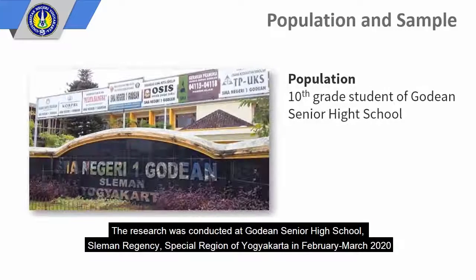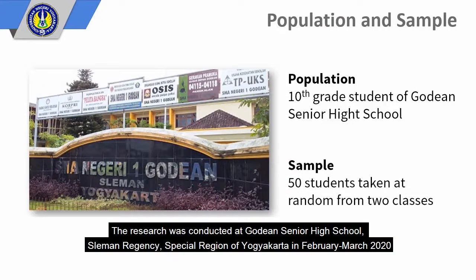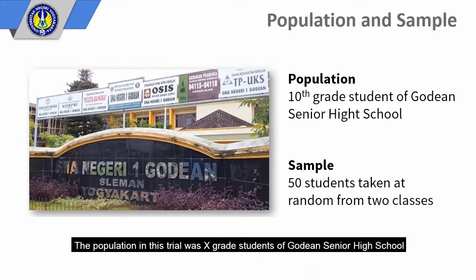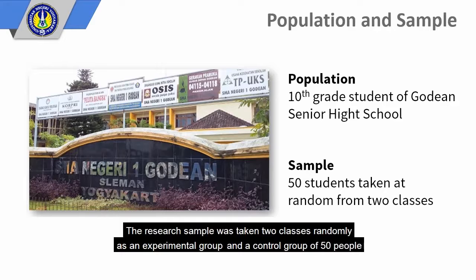The research was conducted at Godean Senior High School, Sleman Regency, Special Region of Yogyakarta, in February to March 2020. The population in this trial was the 10th grade of Godean Senior High School. The research sample was taken from 2 classes randomly as an experimental group and a control group, totaling 50 people.